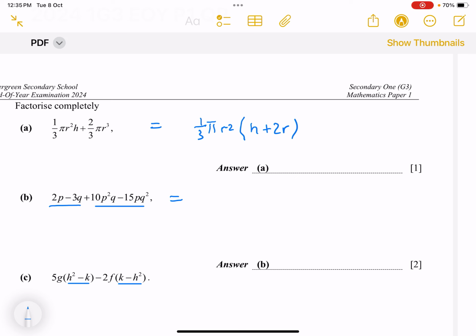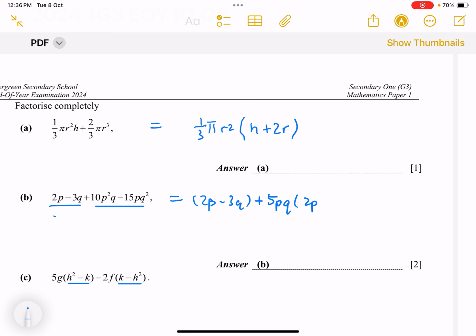Now in the second sum, this is a factorization by grouping because there are 4 terms. The first 2 terms don't have a common factor, but if we take out the common factor, pi is common, p is common, q is common.